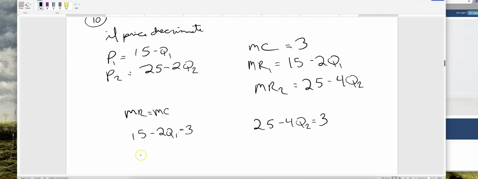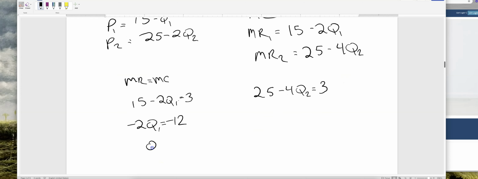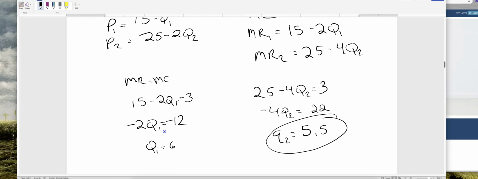And we can find the price by 15 minus Q1.